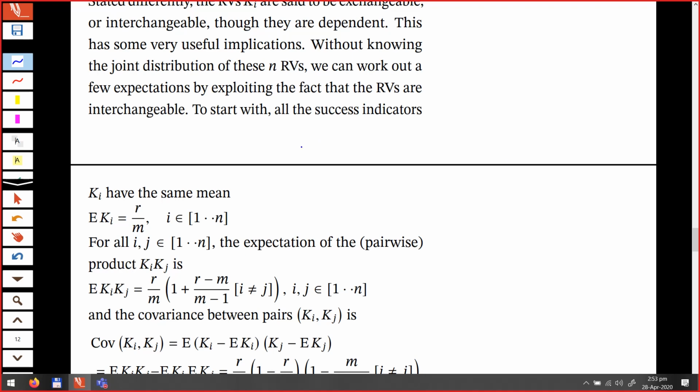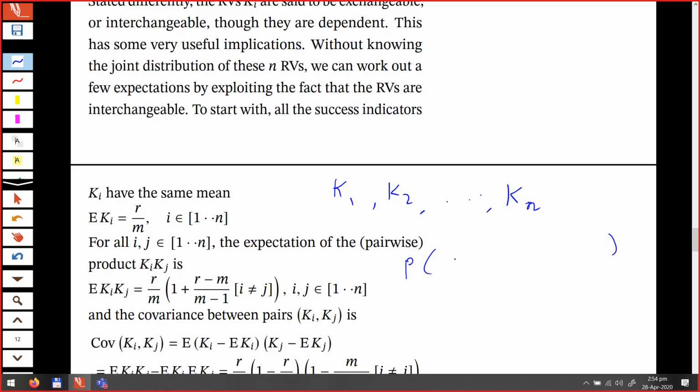You need to understand that we have how many variables in total? K1, K2 up to Kn. Now I only know dependencies between pairs, and unconditional probabilities. I don't know, for example, this probability.